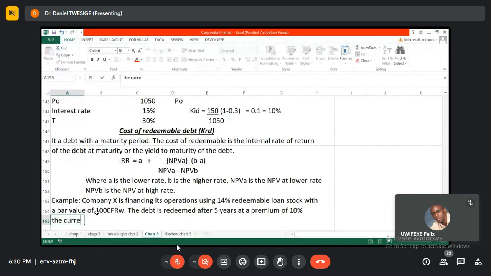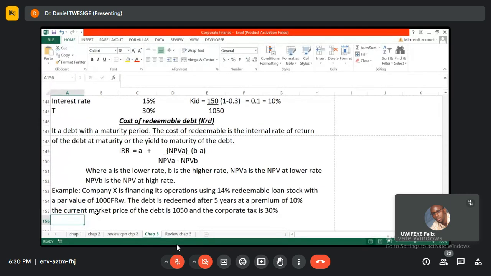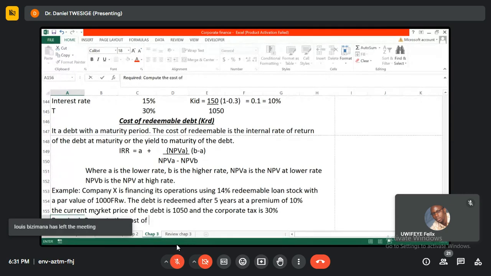The current market price of the debt is 10.50, and the corporate tax is 30%. Required: compute the cost of the debt.